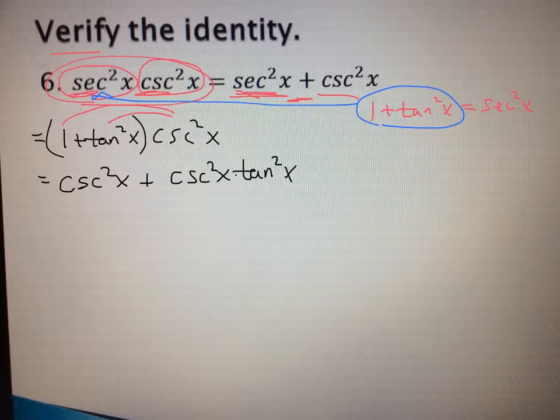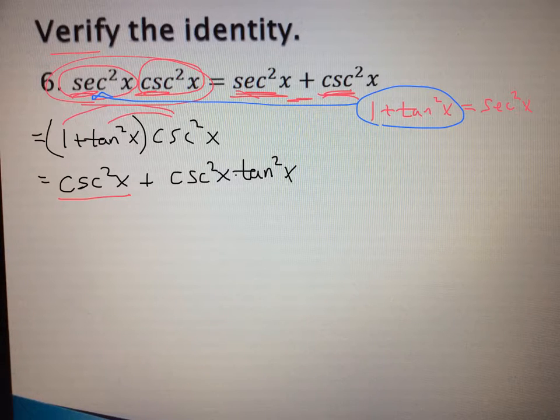And then I have to figure out what I'm going to massage in order to get it into something else. So I'm going to go ahead and leave this cosecant squared x alone because I do want that to be inside my identity.